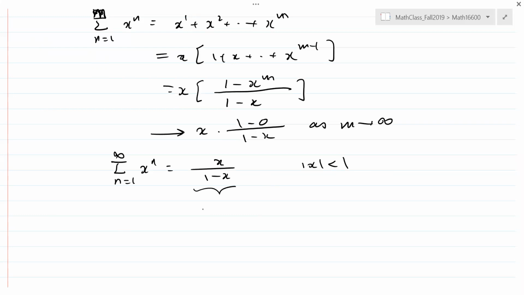This function itself is defined for x not equal to 1. That's it. x could be negative 1 or negative 10.